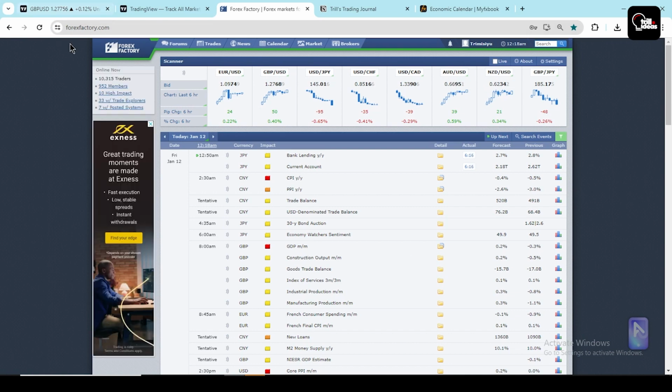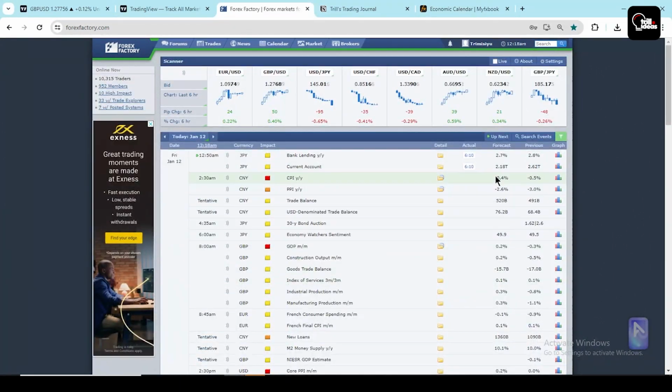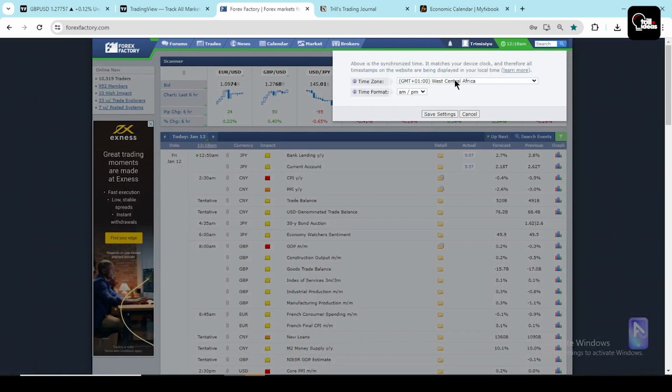You check out forexfactory.com. This is a website, forexfactory.com. This is what their interface looks like. So all you need to do, once you enter forexfactory.com, is change your time to your local time, that is your local country time. Once you click on the time here, you select, I'm currently in Nigeria, so that's why I'm selecting West Central Africa.